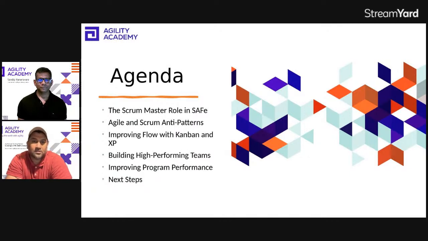And how does a Scrum Master build high-performing teams? How does the Scrum Master play the role of an Agile coach within the team to develop the team so that they can be self-functioning and self-organizing, looking into themselves and improving themselves to become the best that they can be? And also we'll look at how the SAFe Scrum Master contributes to adding value to improve the program's performance.